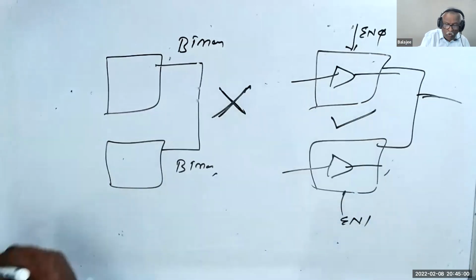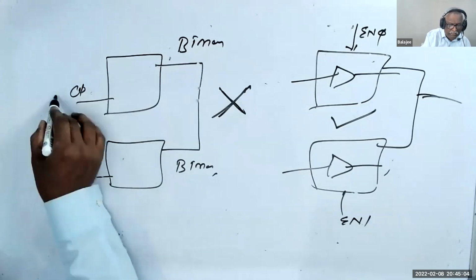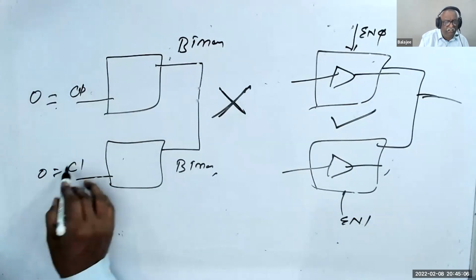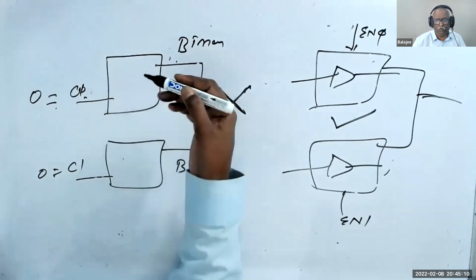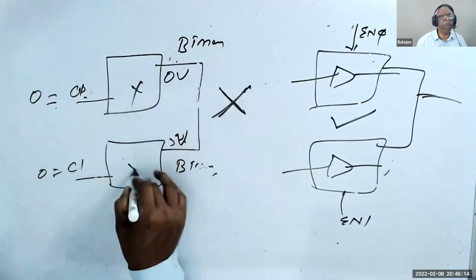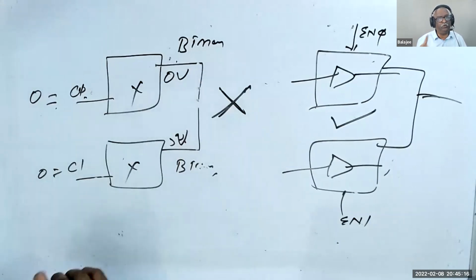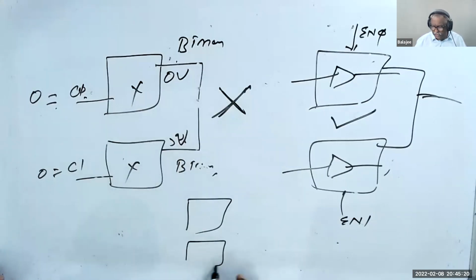When I don't give C, let's say C is 0, both are 0, which means I am not giving the input. But that doesn't mean the output is absent. This guy could be 0 volt, this guy 5 volt. This will damage both. That's why I always tell you that you should never connect 2 combination logic like this.